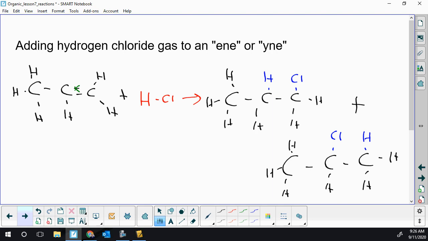I do have to balance them, or they're not correct reactions. So I made two propane compounds. So there's 6 carbons here. I need to make sure I have 6 carbons at the very beginning. So I'm going to need 2 of those original reactants, and I'm going to need 2 of these. Now I'm balanced.